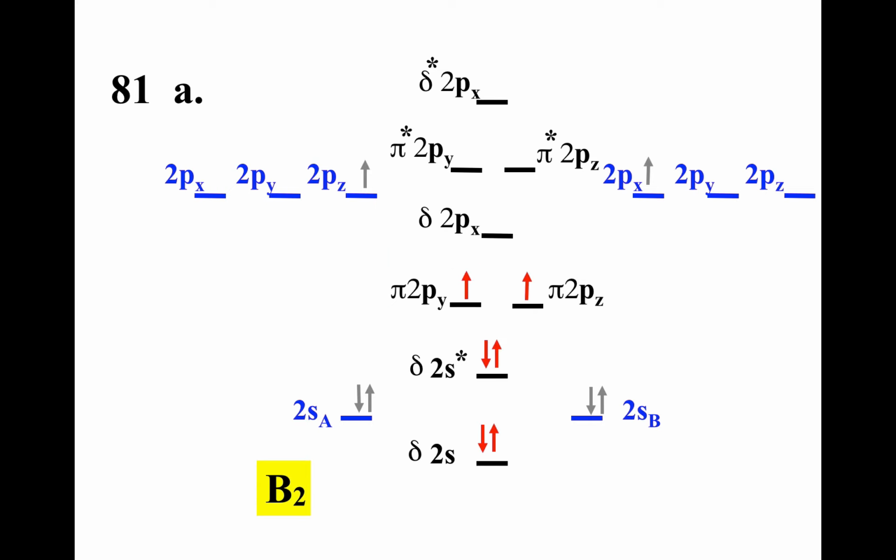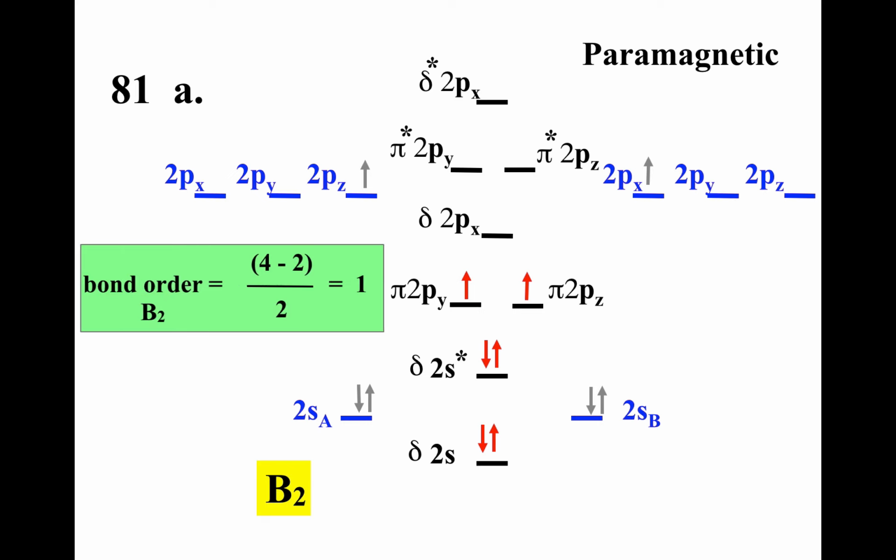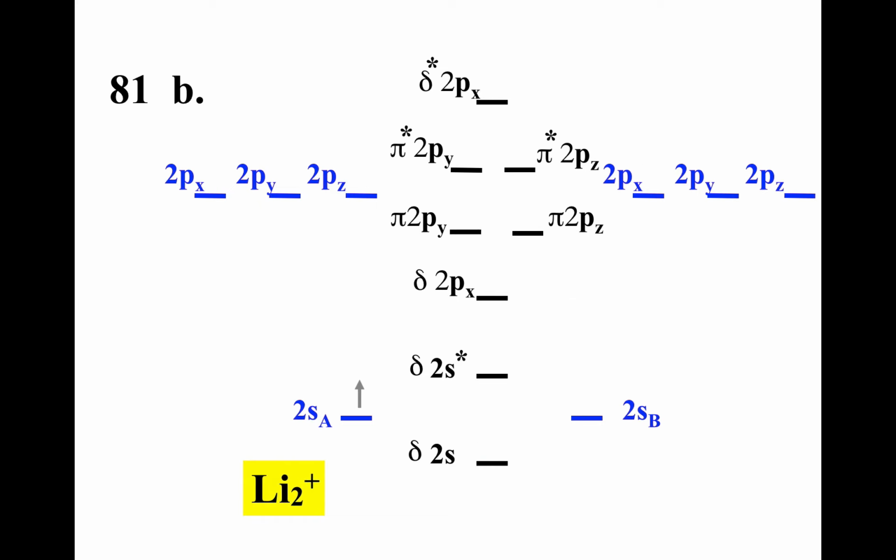If I added an electron to make B2, I'd end up with an even more stable molecule. I'd have more electrons in bonding orbitals and therefore a more stable bond order. All right, that's A. Looking at B, Li2 plus. All right, so I only have 1 valence electron to account for here, and that's going to show up in that sigma bonding orbital.